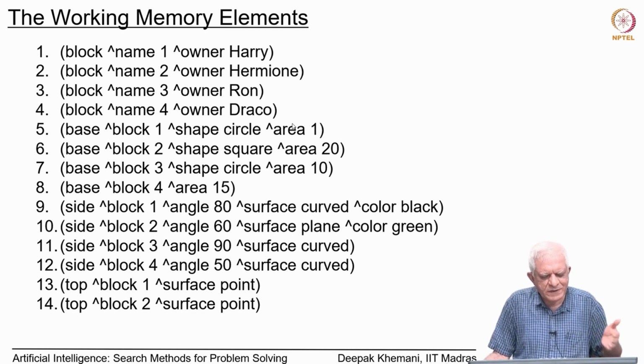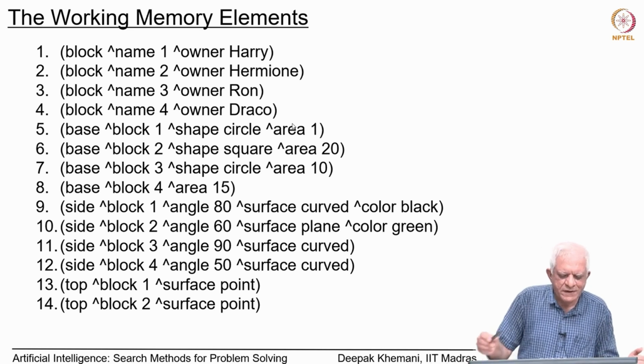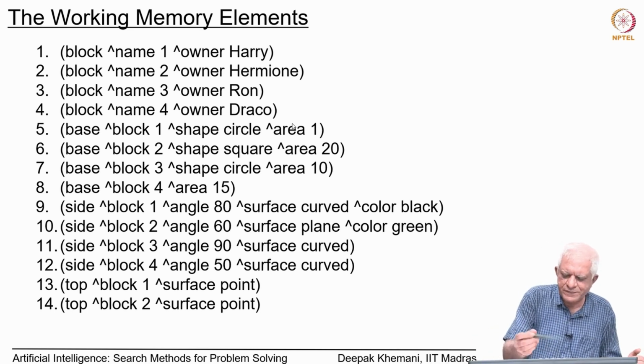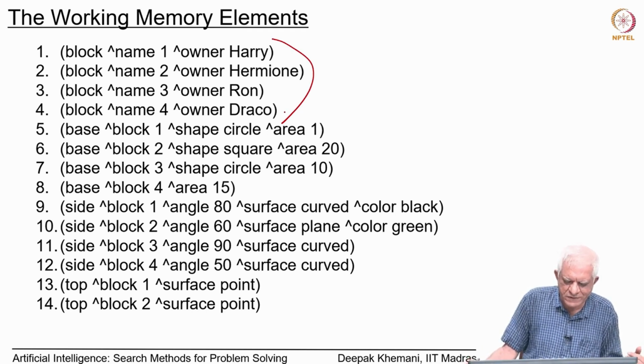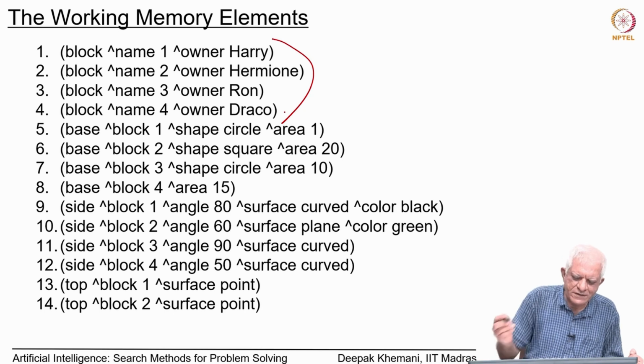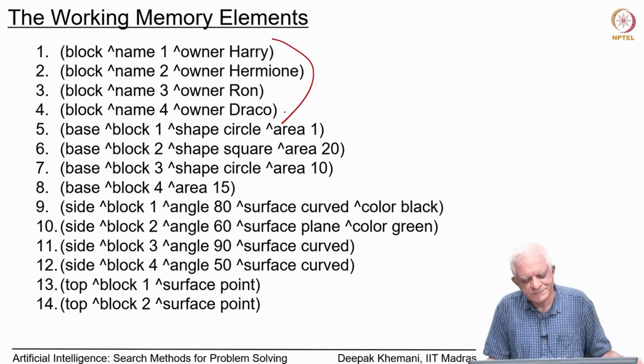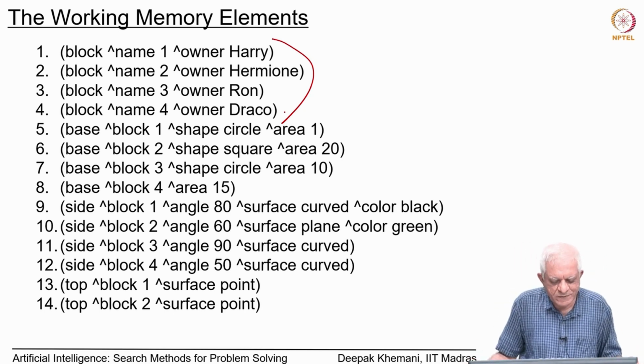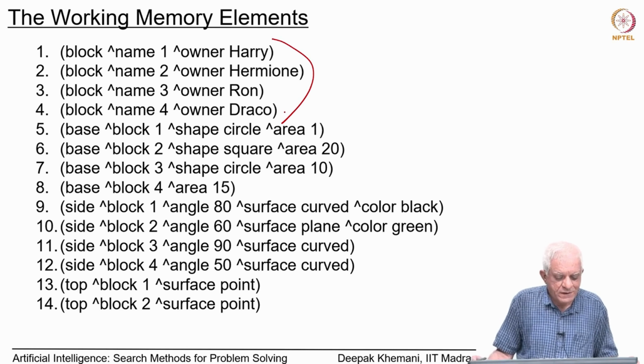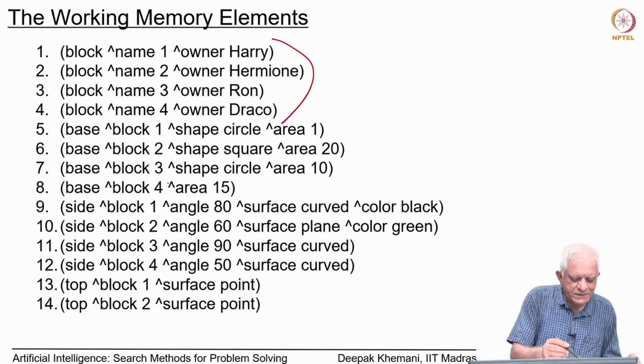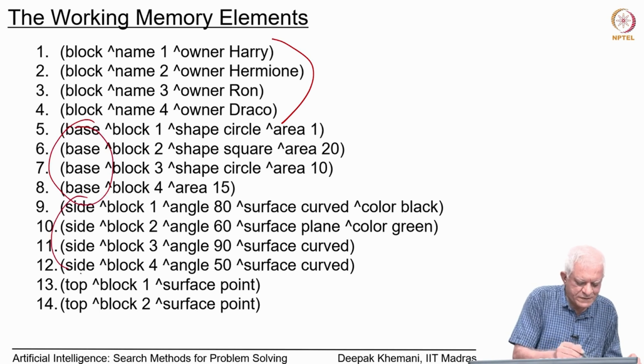So, we add this one by one, and this is the order in which we add them. There are four blocks that we are talking about. We have given them names 1, 2, 3, 4, and we also mention owners, for the benefit of the Harry Potter fans. Then we have described the base, the side, and the top for some of them.